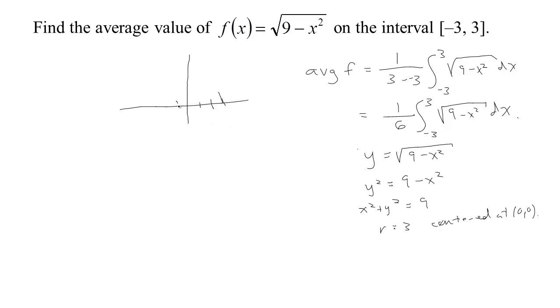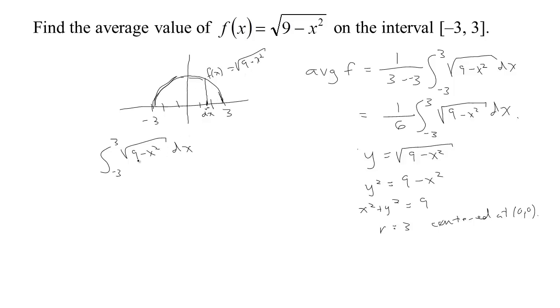So I'm going to draw 3 to the left and 3 to the right, and what we have basically is this semicircle. So to find the integral from -3 to 3 of that function, what we would be doing is taking a tiny, super small slice that's dx wide, and it's f of x tall, f of x here being the square root of 9 minus x squared.